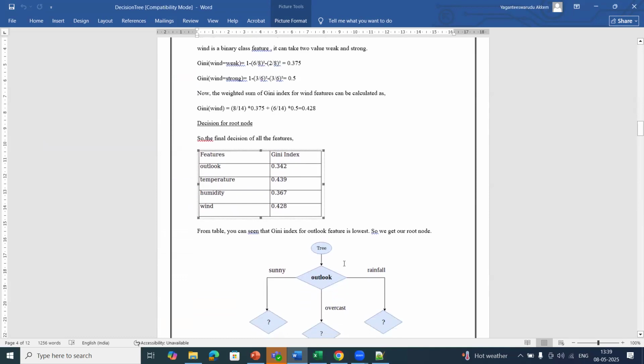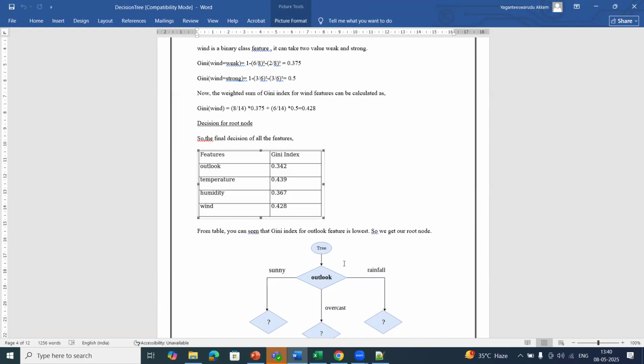And if you remember, at the starting of the session, what I told is the feature which is having less Gini index will be placed at the root node. Because we know the definition of Gini index, which is the impurity, if I take that feature, how much it is able to put in incorrect classification.